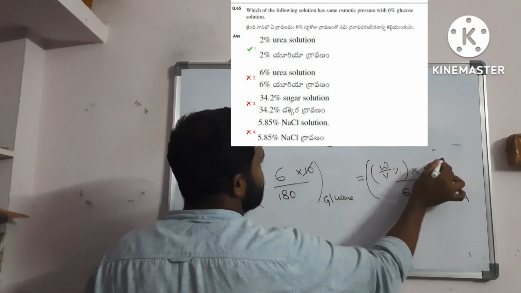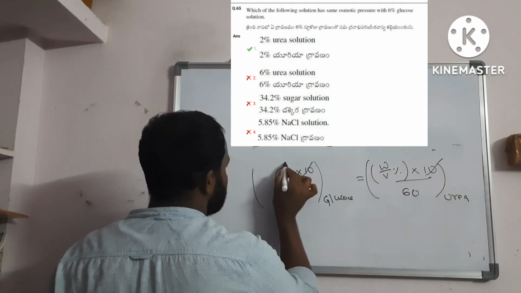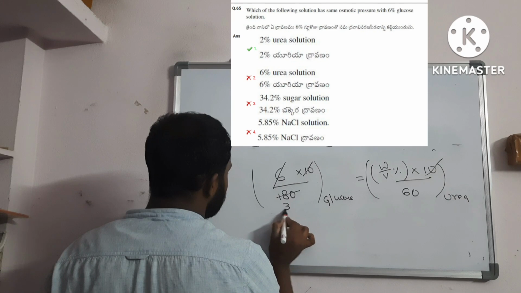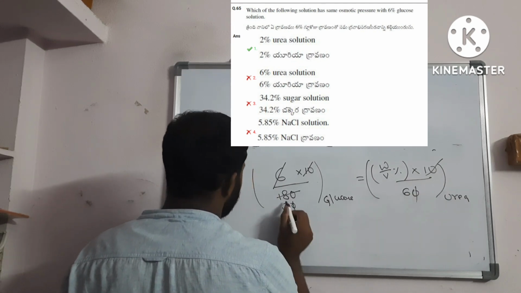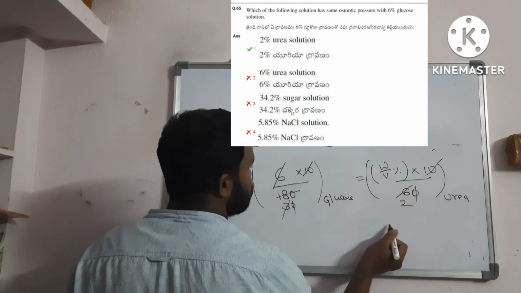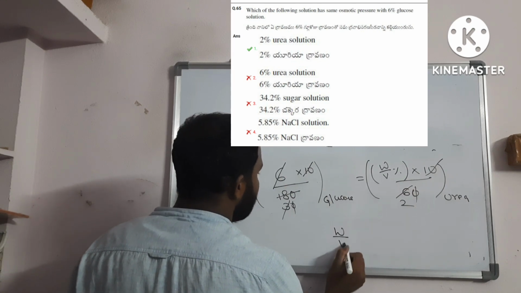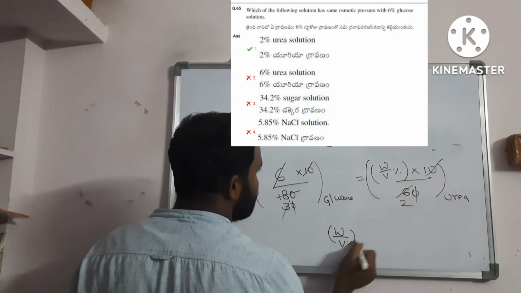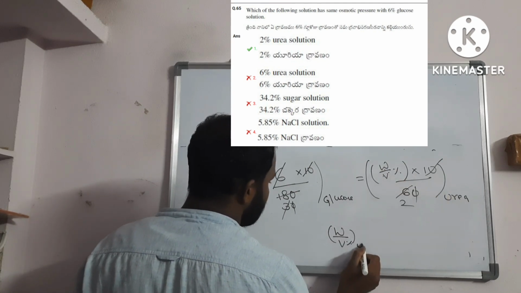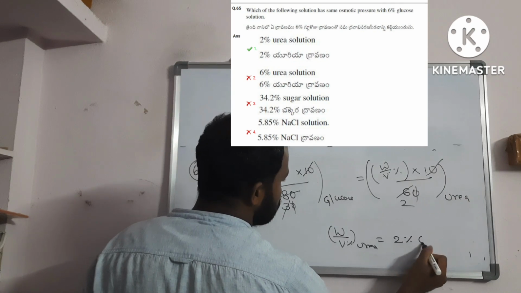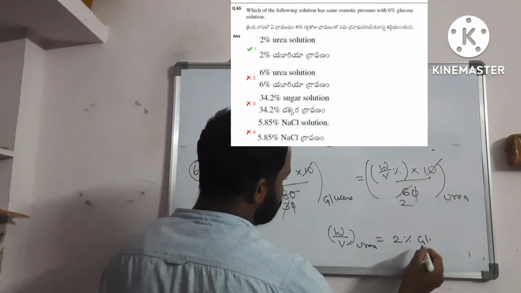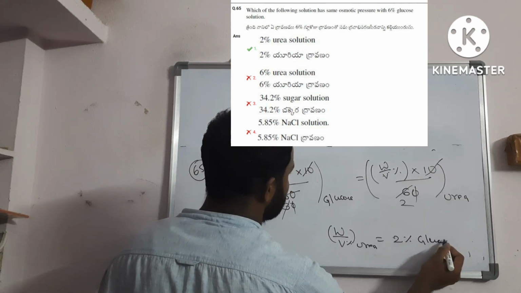The 10 cancels. Then 6 ones are 6, 6 threes are 18, so 1 by 30. Now you can write W by V percent of urea is equal to 2% of glucose.